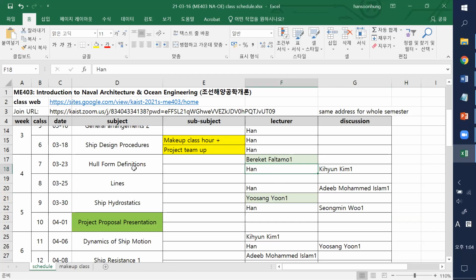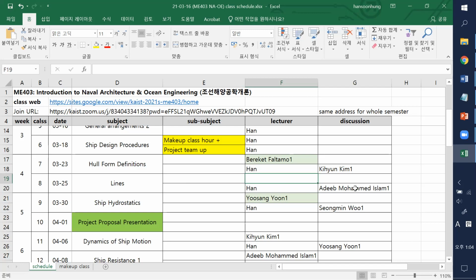Then, according to the schedule, I should start my lecture on whole form definition part 2. And then we can go on to Gihan-Kim's discussion session. This one is missing because Jihab had dropped out, so I may fill up this part for the first part of lines. So then we may have a next Tuesday.